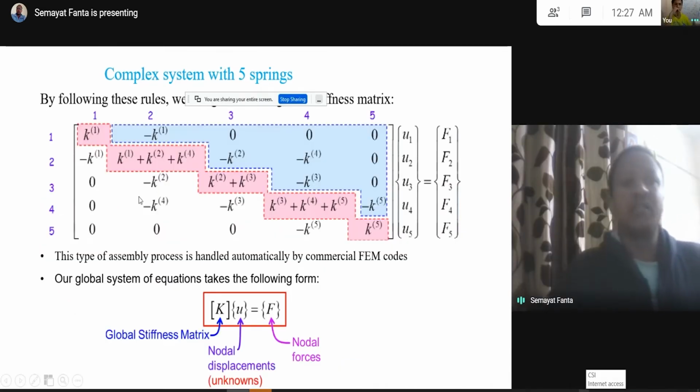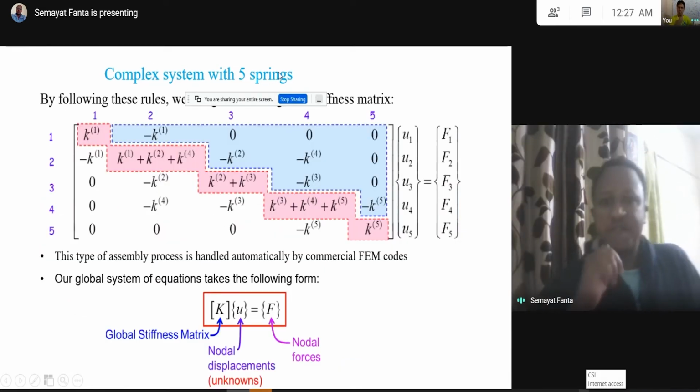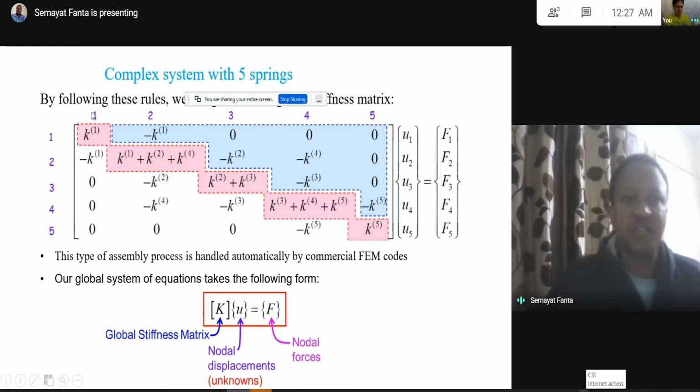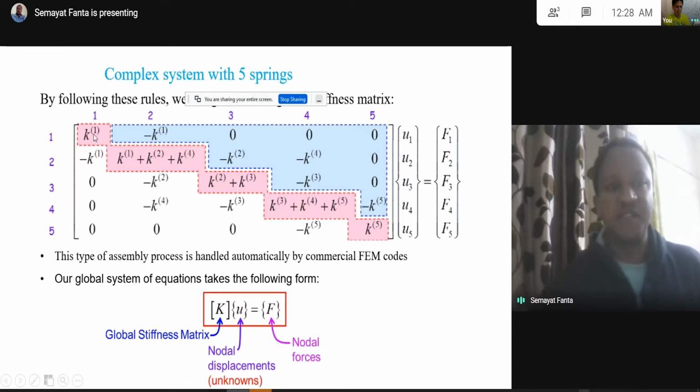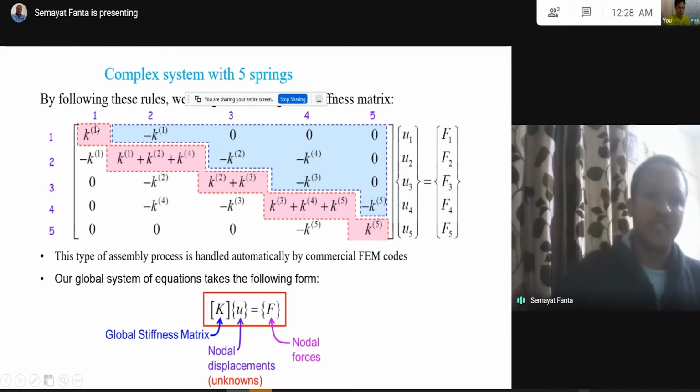So this is the 5 spring or 5 link system that consists of a 5 by 5 matrix, and the entries of each of the links are as follows. For the first spring we have K1, minus K1, minus K1, K1.